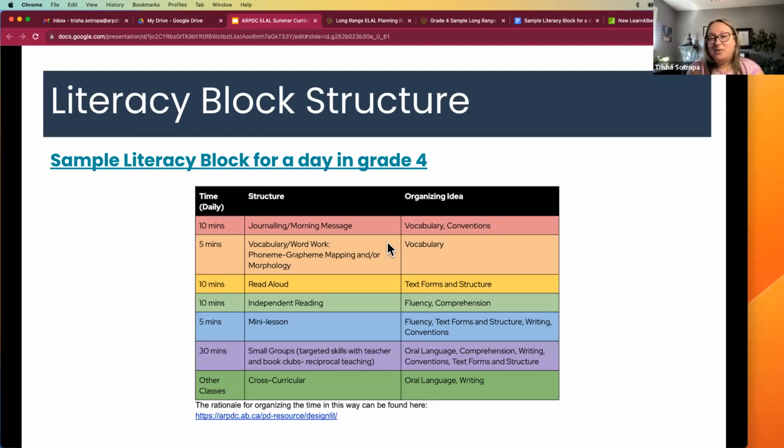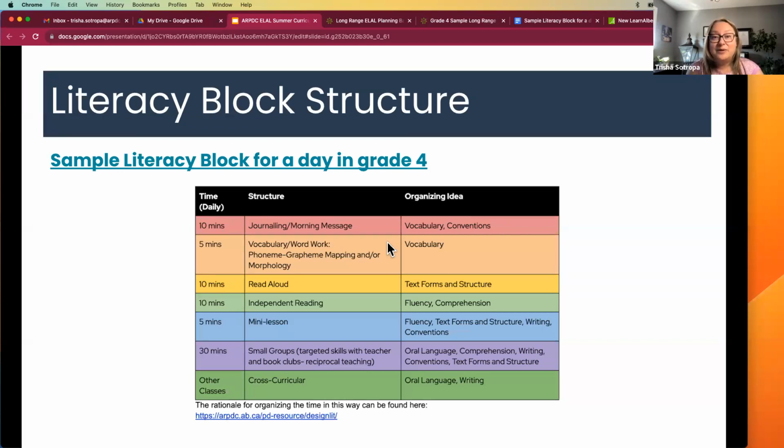And this is one way that a teacher and I worked on that you could start doing a plan for your days. So beginning with a journal or a morning message, then doing some vocabulary or word work, and someone specifically asked about morphology on Monday. So I'm going to add a little bit of morphology in. A read aloud is always nice. It gives your students a chance to hear fluency.